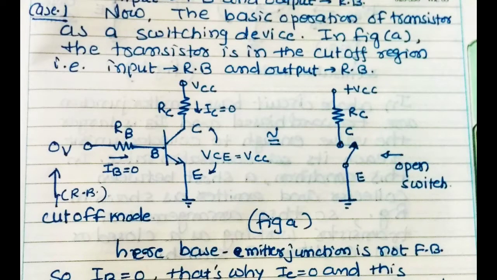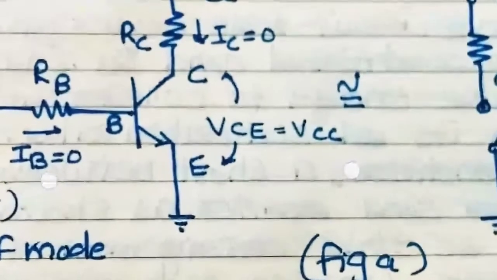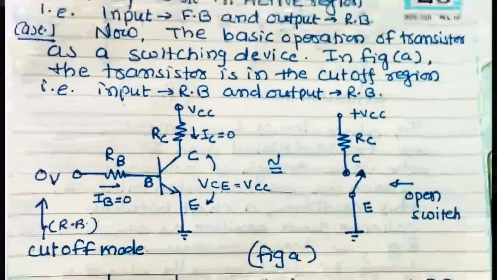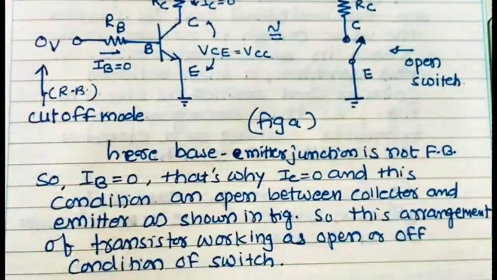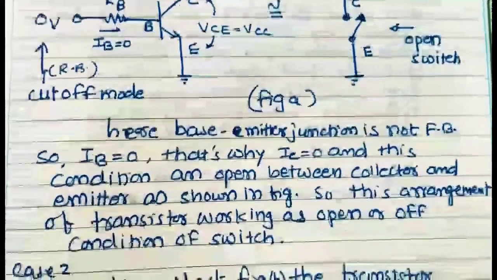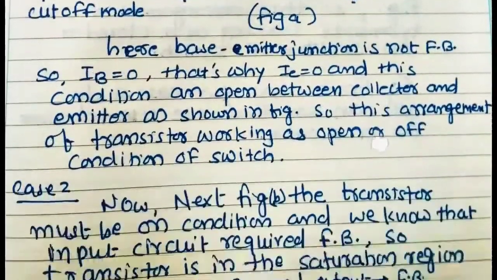At that time IC is equal to 0. IC equal to 0 means VCE is equal to VCC. That's my open switch. Here the base-emitter is not forward biased, so IB is equal to 0 and IC is equal to 0, and as shown in the figure, it works as the off condition of the switch.